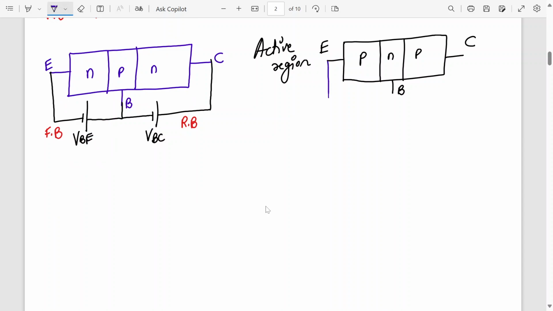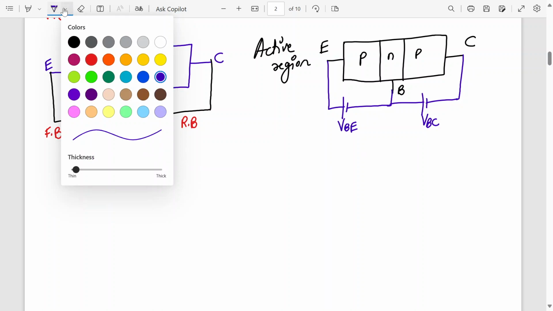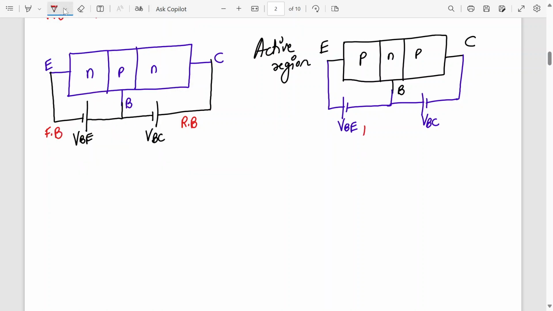So base emitter should be forward bias like this, and your base collector should be reverse bias, so here it will be positive. VBC, VBE. Understood? So this is how we bias the BJT. This should be forward bias and this should be reverse bias.